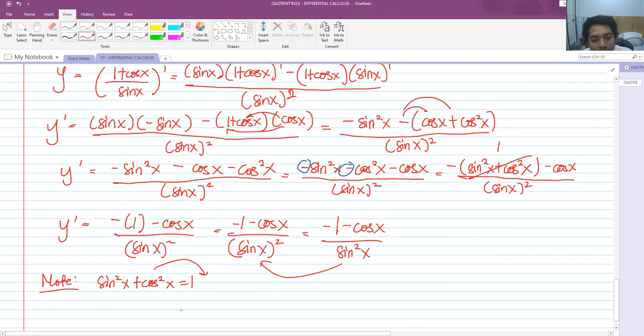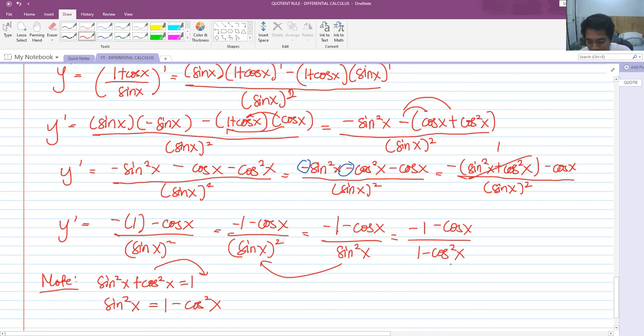So if I'm going to put this cosine squared of x to the right side, that becomes sine squared of x equals 1 minus cosine squared of x. Okay? So this becomes negative 1 minus cosine of x all over 1 minus cosine squared of x.